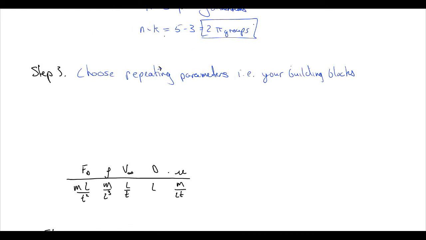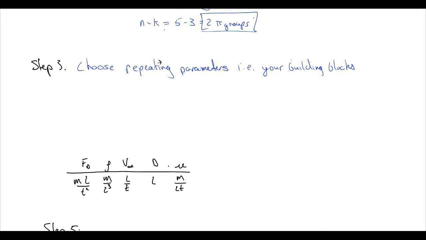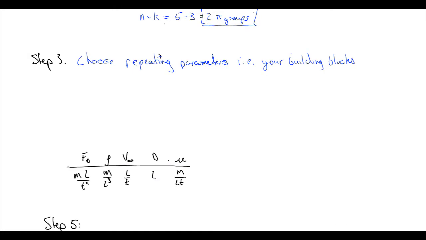Well, they can show up in all of your pi groups. We have some rules for choosing these repeating parameters. So what we're choosing basically is our physical variables. We're choosing among them, and we're going to choose our building blocks for our future pi groups amongst our physical variables here. Our rule number 1 is we must include all dimensions.